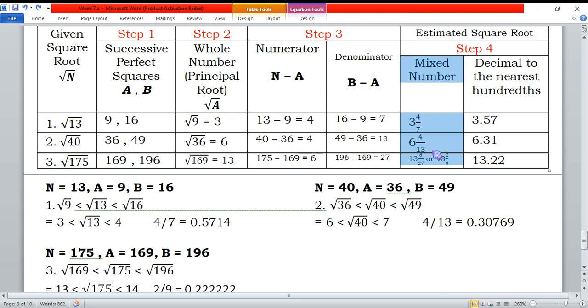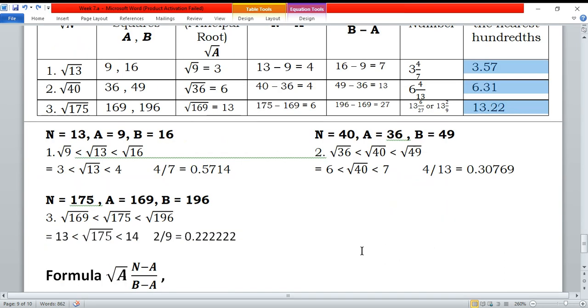Ito naman ay denominator 7, 13, 27. Then, sinimplify lang natin. Pagkatapos niyan, itong mixed number na to, gagawin lang nating decimal. Tapos, i-round off to the nearest hundredths. Kaya ito nakuha natin.